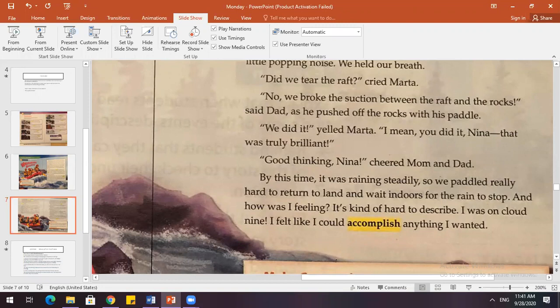Okay, good thinking, Nina, shared Mom and Dad. Okay, we finished this sentence, because the meaning is going to end here. And how was I feeling? Steadily. So we paddled really hard to return to land and wait indoors for the rain to stop.